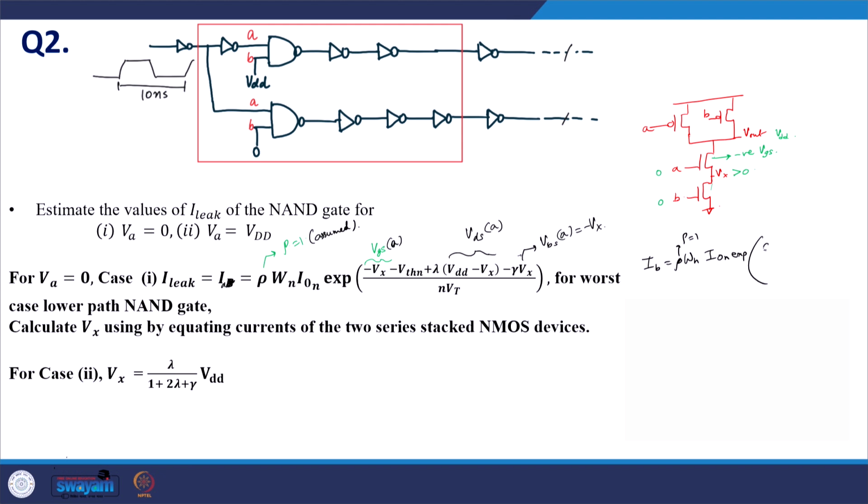0, minus VTHN plus lambda Vx. Vx is the value of VDS, minus body to source voltage is 0.